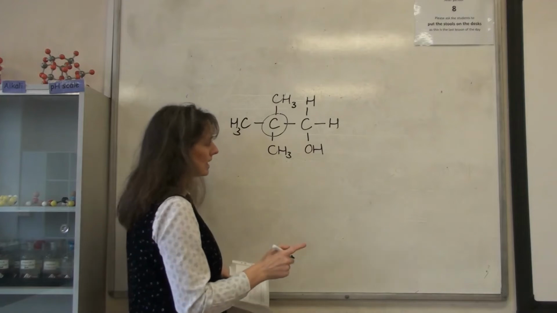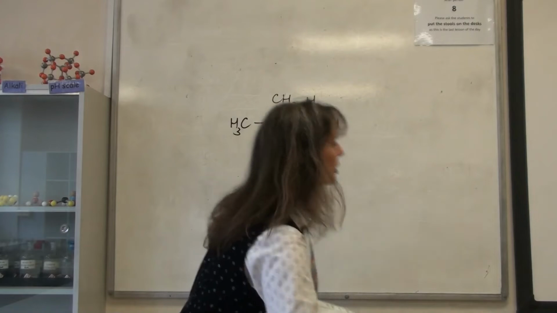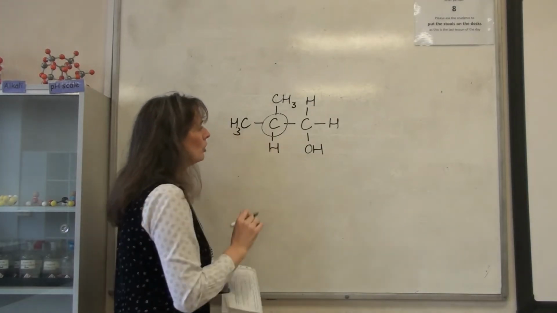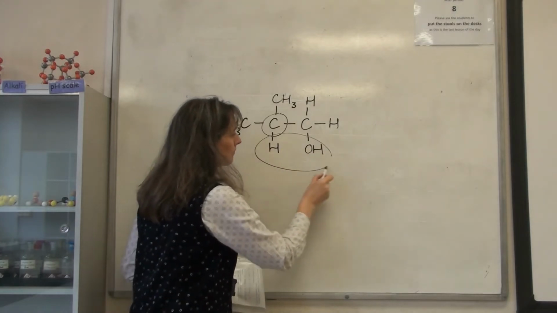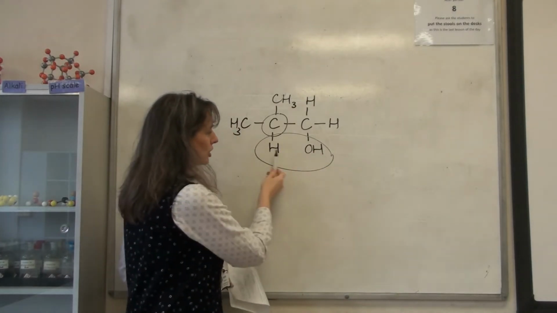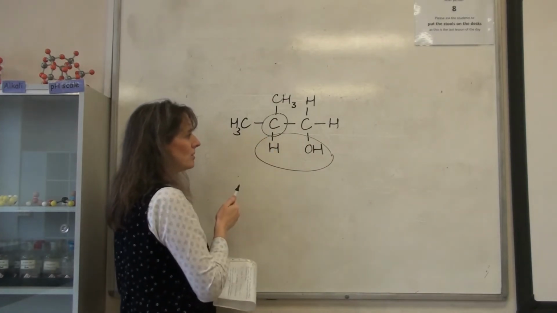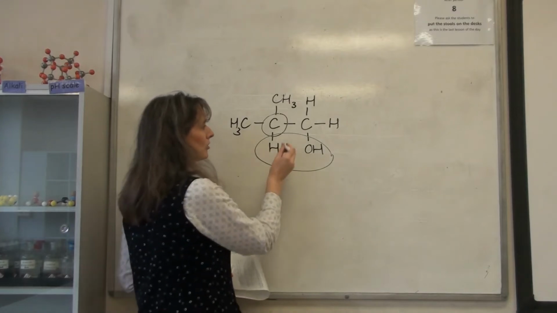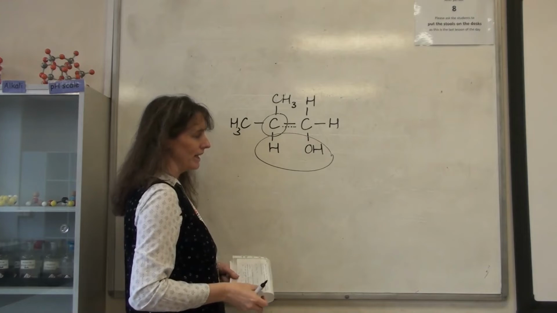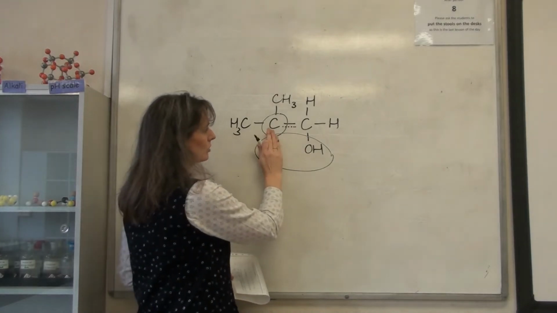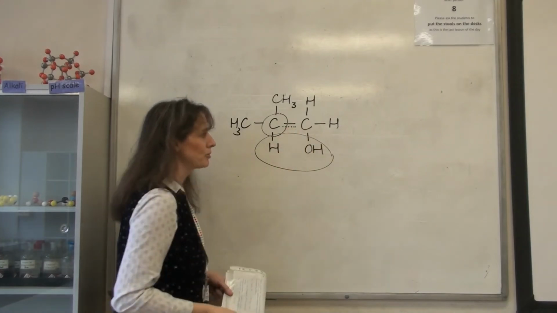So what would normally happen, if I change one of those and make that slightly less branched, put a hydrogen on, is you're eliminating that OH with an adjacent hydrogen on an adjacent carbon atom to the C-OH, and that is what's then allowing the double bond to come in between those two carbon atoms, because of course these two sets of atoms will have gone and we'll be left with a double bond.